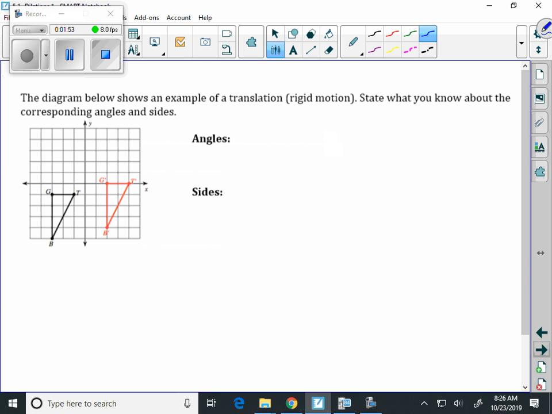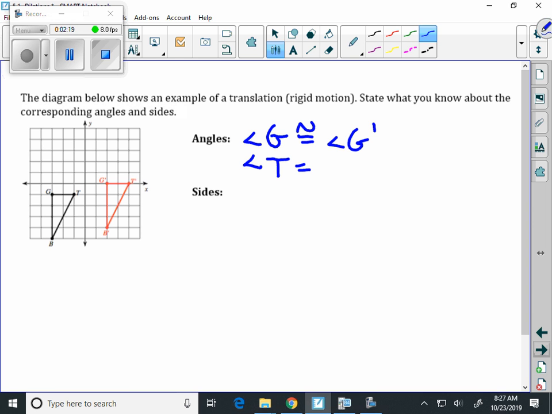So in the case of just a translation, again, translation meaning we move the graph right, left, up, or down, it's a rigid motion. What we know about these two figures is that angle G is congruent to angle G prime. And we know the other two as well.